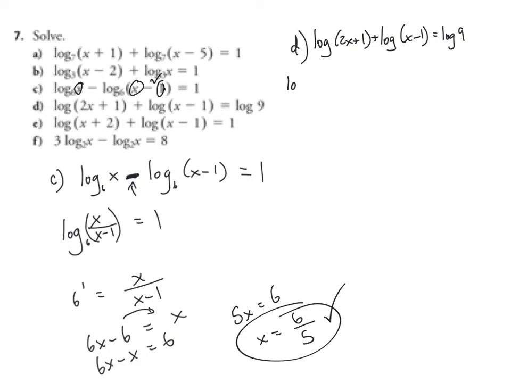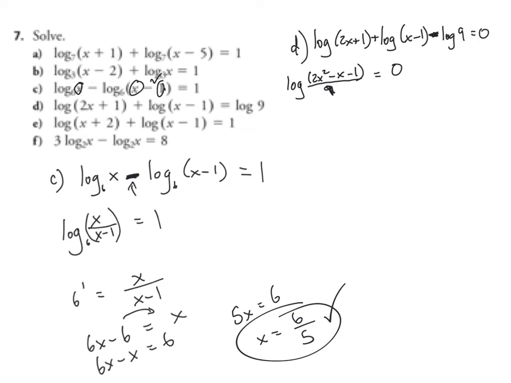So let's say log of 2x plus 1 times x minus 1. So we're going to say 2x squared plus x minus 2x, so minus x minus 1, all over 9 equals 0. So what I did there is I took this, I made it minus log 9 equals 0.